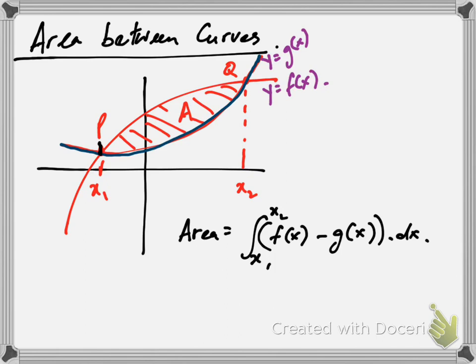Now, f of x, as you can see, is the upper envelope of the curve. So it is the curve on top minus the curve at the bottom. And this works no matter if the area is positive or negative. So let's do an example and see how it works.